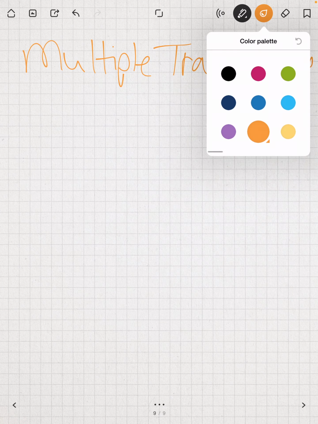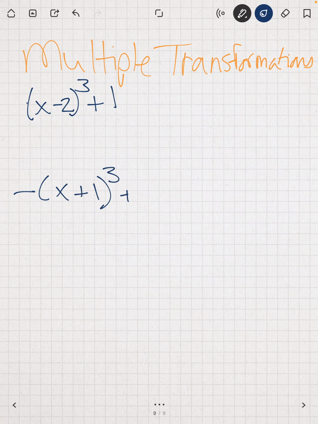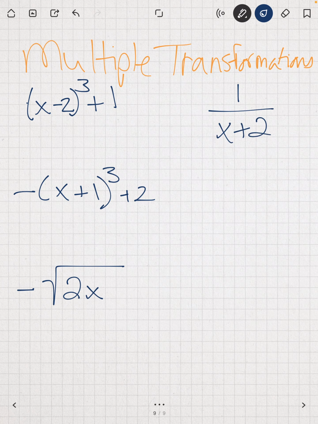They are x minus 2 cubed plus 1, negative x plus 1 cubed plus 2, negative square root of 2x, 1 over x plus 2, absolute value of x minus 1 minus 2, and negative square root of x minus 2 minus 3.